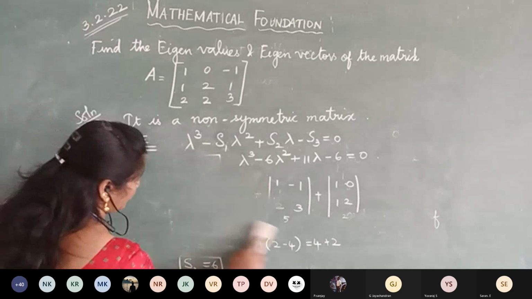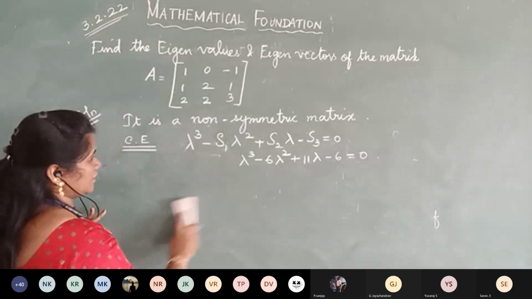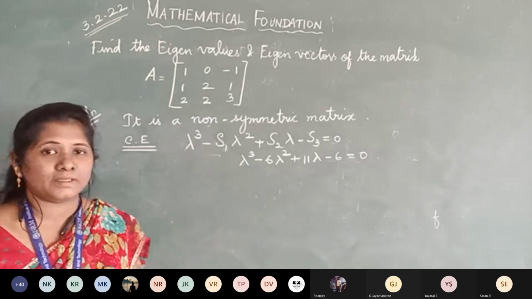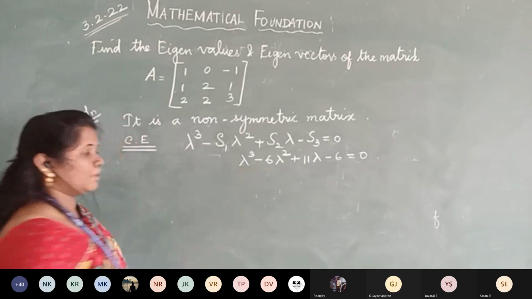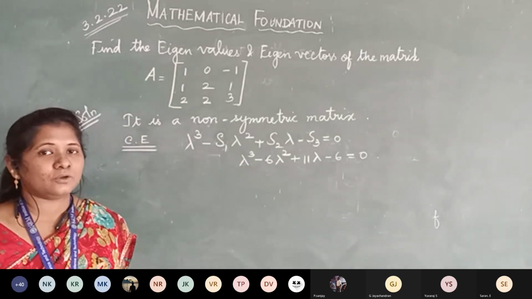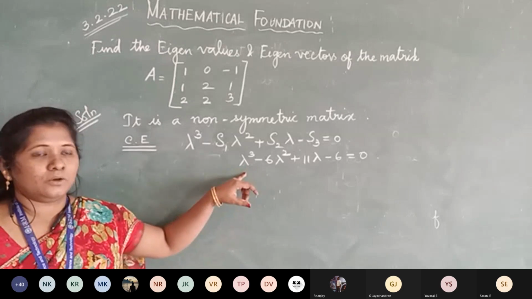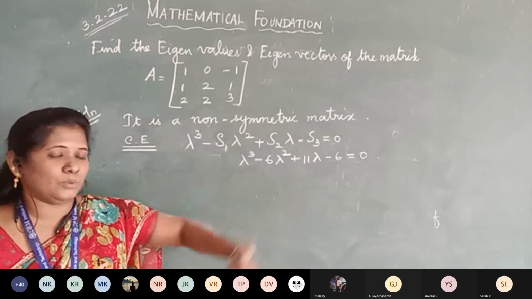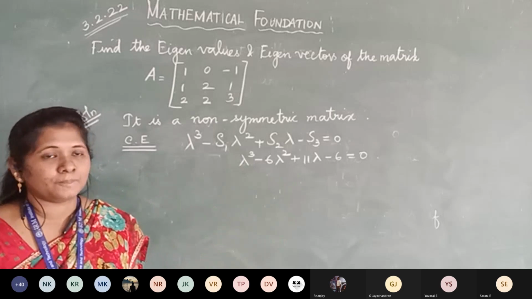So we have found your characteristic equation. After finding it, we now find the eigenvalues. Since it is lambda cube, you have to find three roots for this, that is, the values of lambda. How do you find the roots?